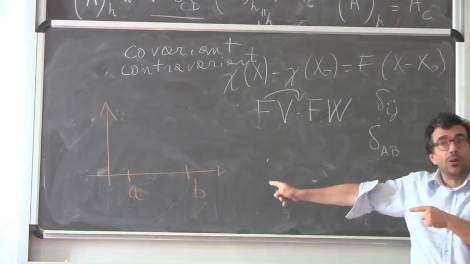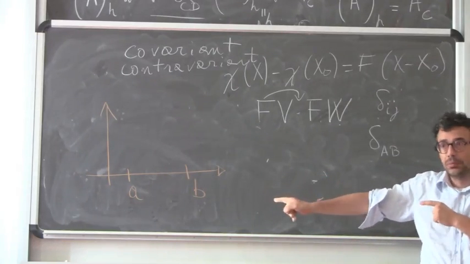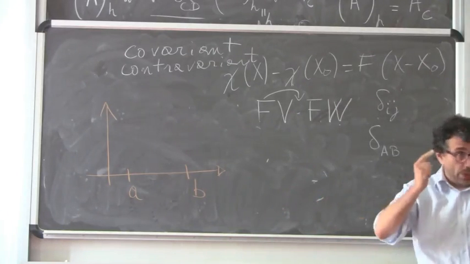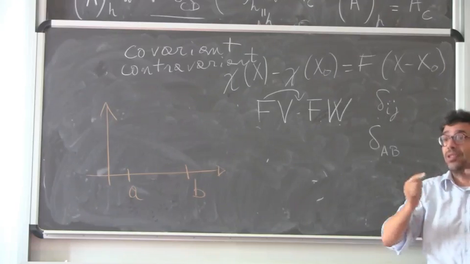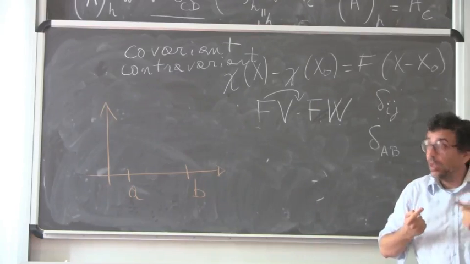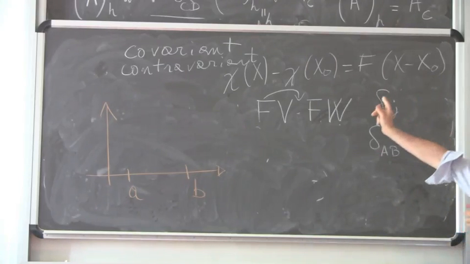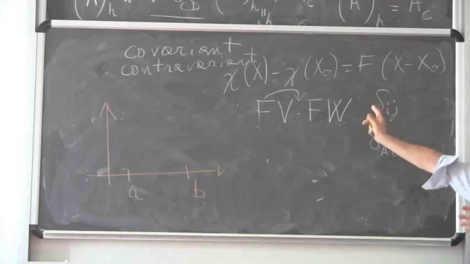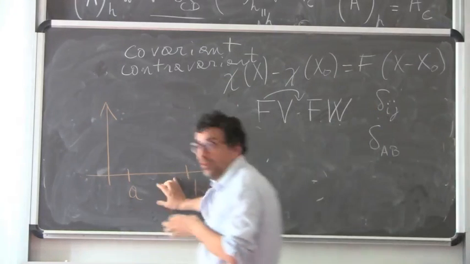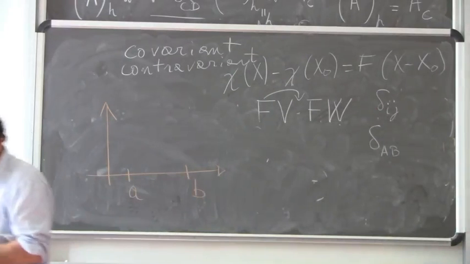What I'm telling you now is much more difficult. Much more difficult. You believe to have understood it, simply because they repeated it to you many times. The indices notation is a game for children. This is much more difficult. Okay?